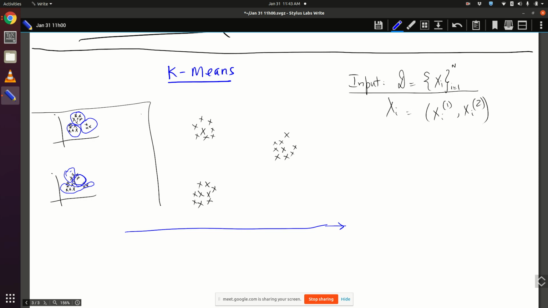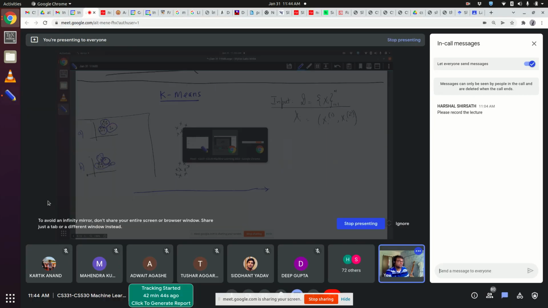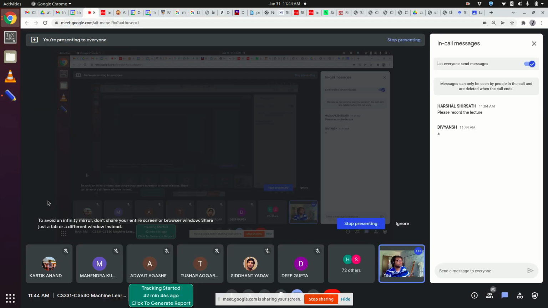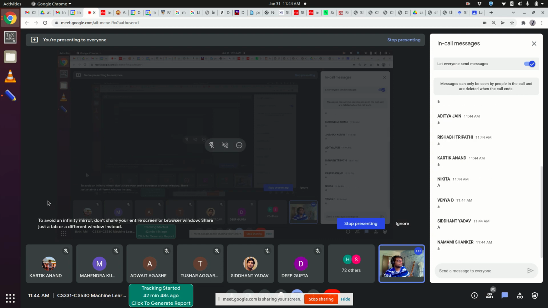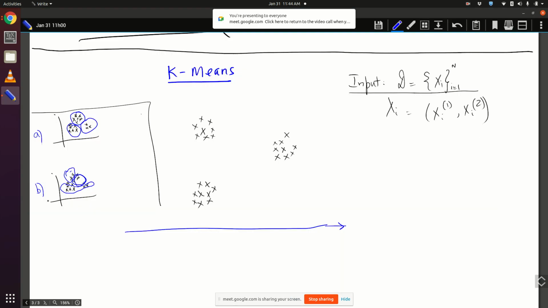Suppose I have another grouping, 1, 2 and 3. So there are these two different groupings: this is grouping A, this is grouping B. Which grouping is better? Can you say A or B in the chat? It's pretty obvious that A is better.